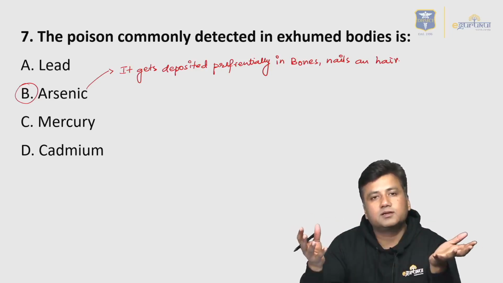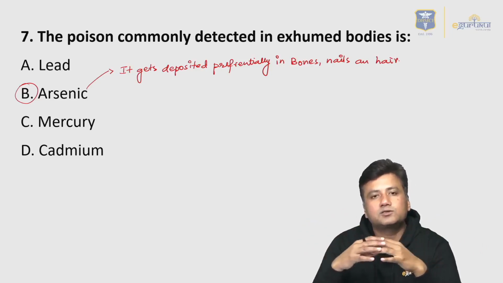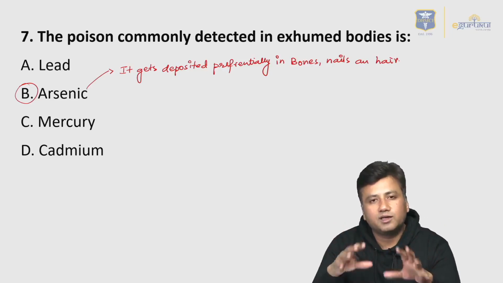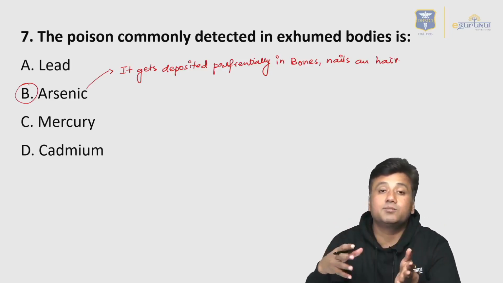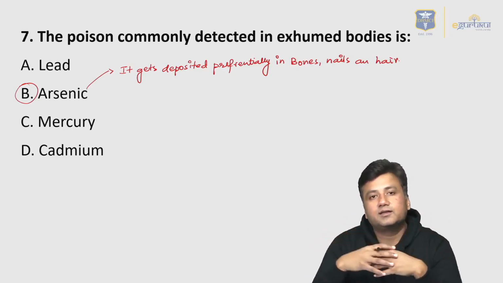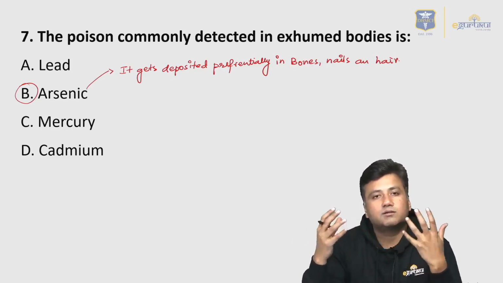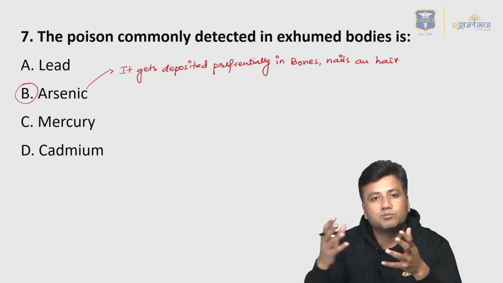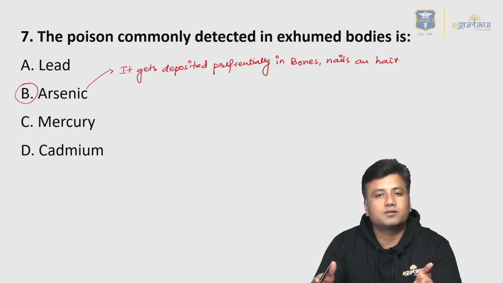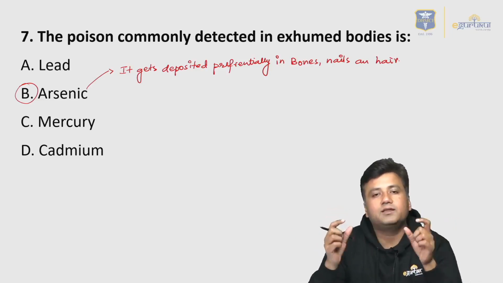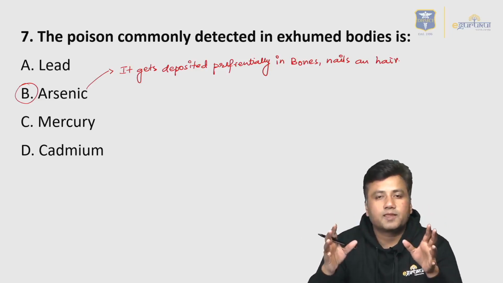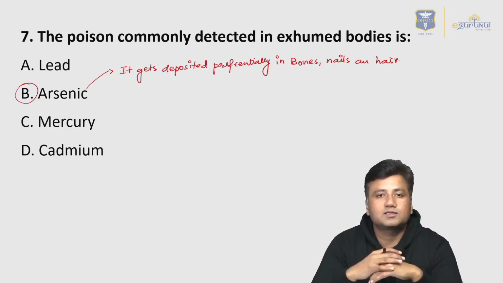So, there is a preferential deposition of arsenic in bone, nails and hair, and as a result, if a person has been intoxicated with arsenic and the body has been buried, even if it has remained buried for a number of years, where the flesh, muscles and tendons of the body may have decomposed and only bones are remaining, even if you exhume that body and the skeletal remains are found, those skeletal remains can still show a high amount of arsenic.